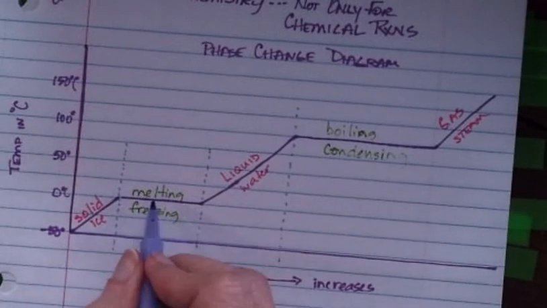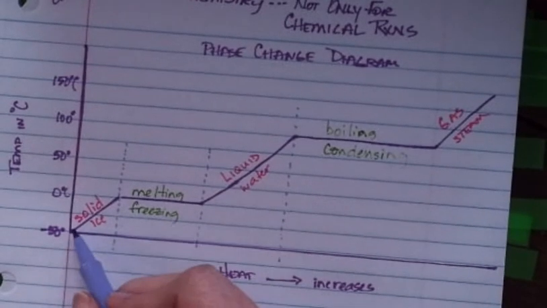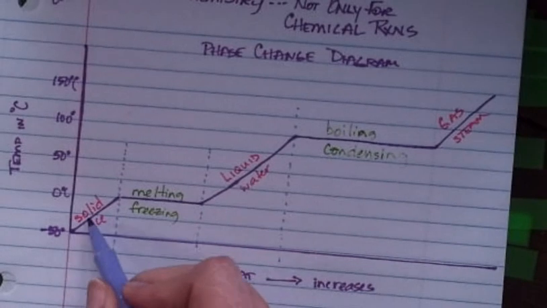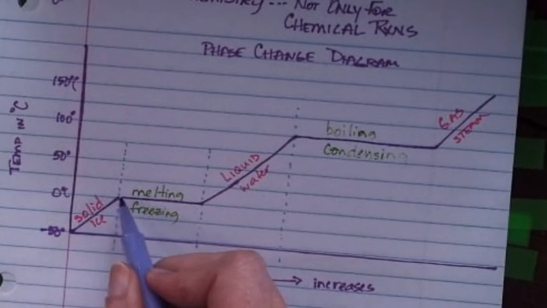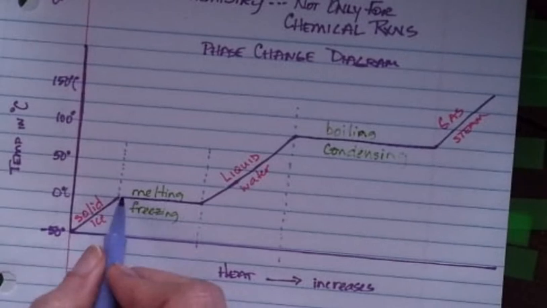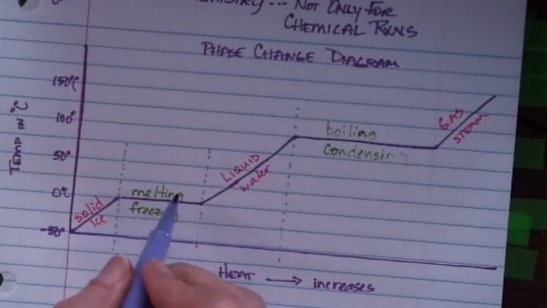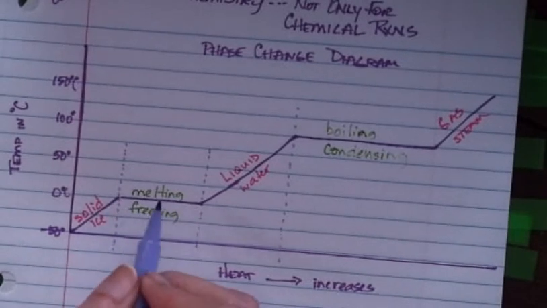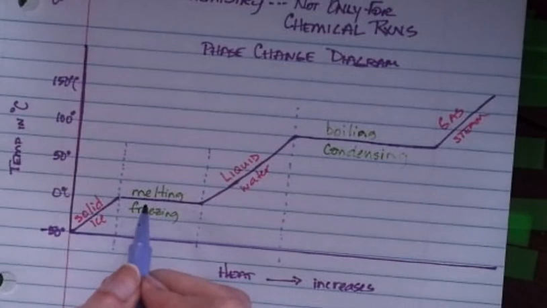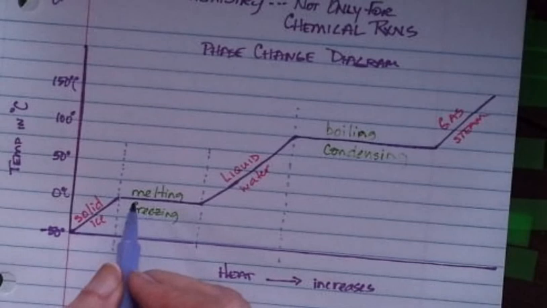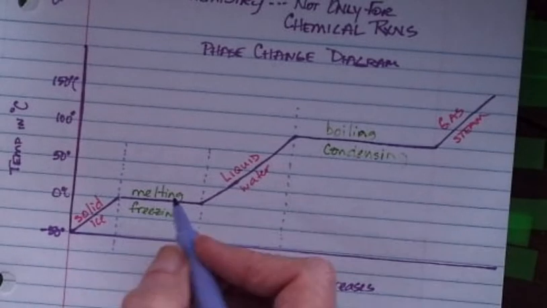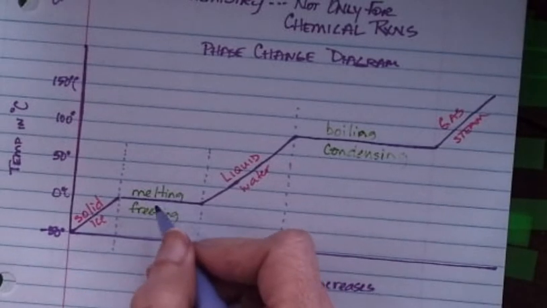So here we are, we're going to add heat to this. So we have ice, we're adding heat to it until it gets up to 100 degrees Celsius. We're still adding heat, but notice that the temperature flatlines, and while it's in the process of changing phase, all the extra energy that goes into it, all the extra heat that goes into it, is actually being used to take those molecules from the solid state to the liquid state.